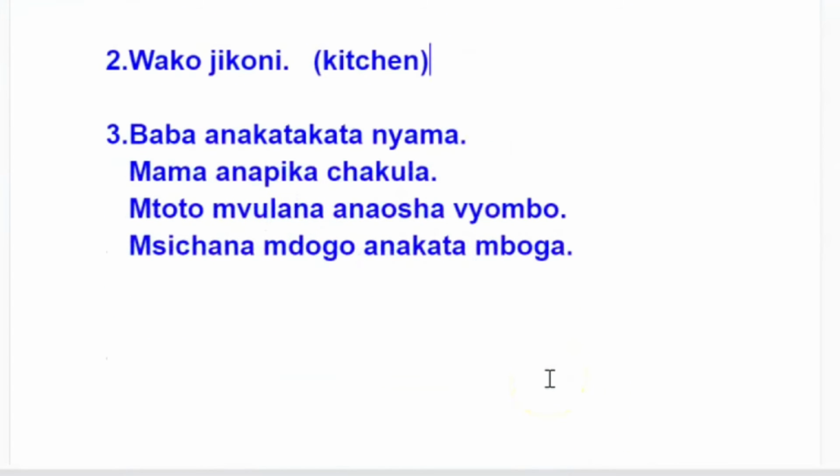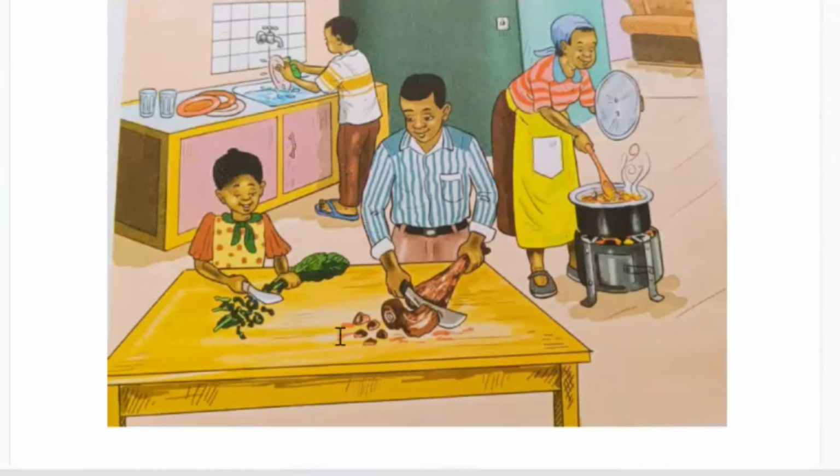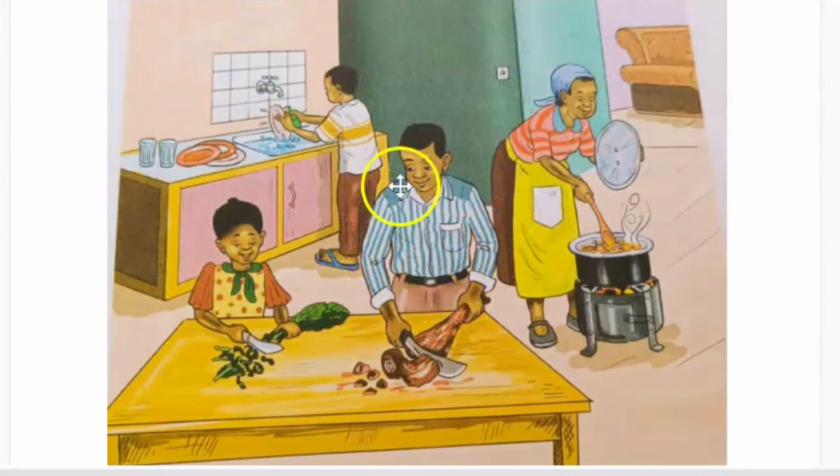The last question, wanafanya nini? What are they doing? I came up with four sentences. The first one, baba anakatakata nyama. You can see baba is here. It means father is cutting meat.